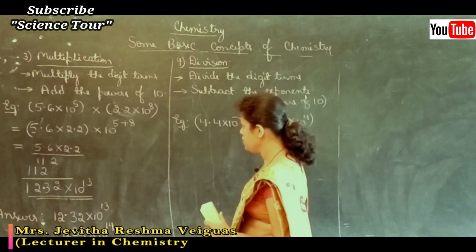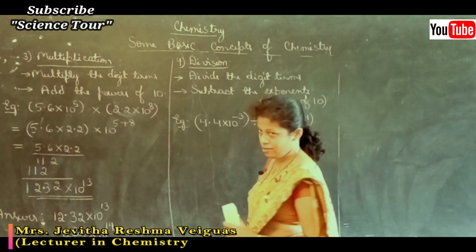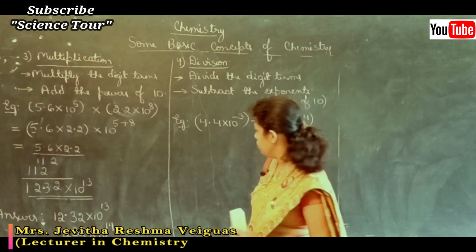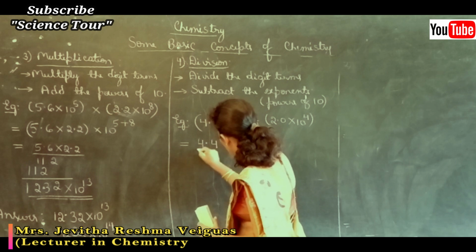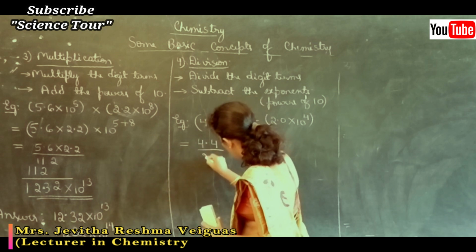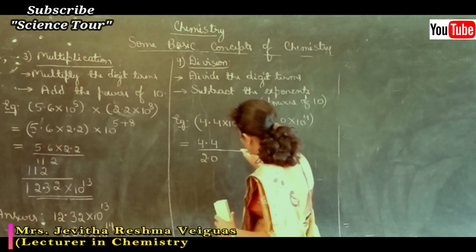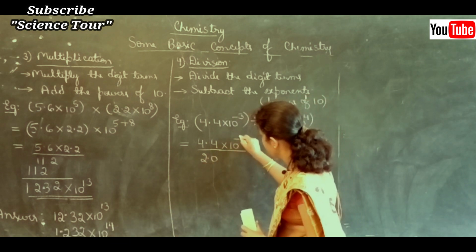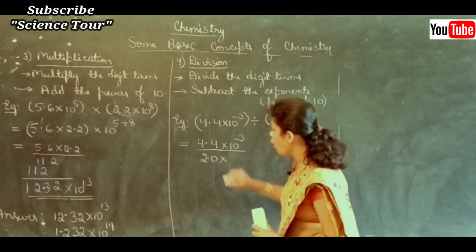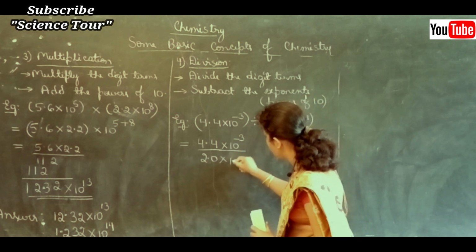Divide the digit terms, subtract the exponents. These are the rules which we have to follow. So it is 4.4 divided by 2.0. The power of the term 4.4 is 10 to the power minus 3. The power given along with the 2.0 is 10 to the power plus 4.